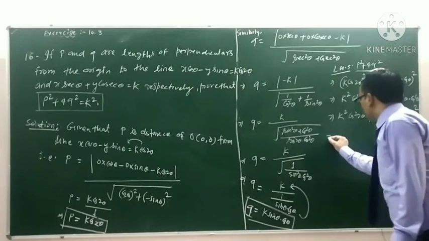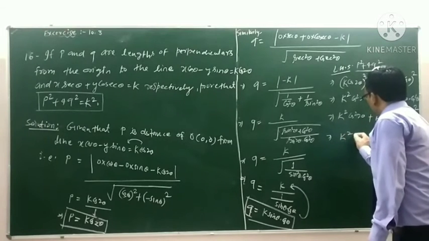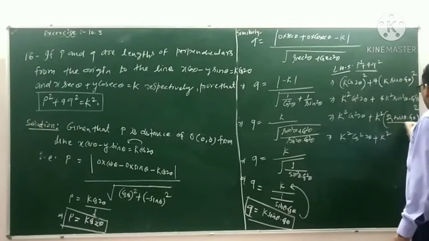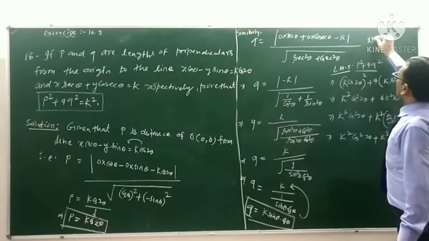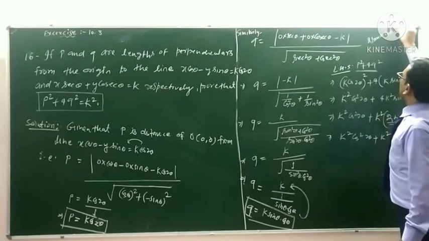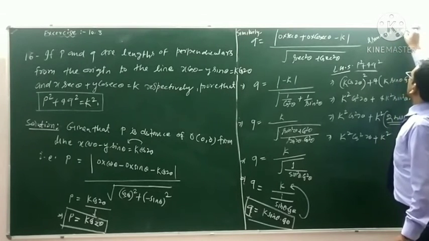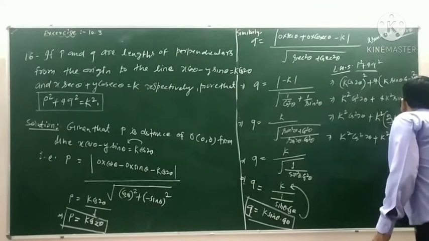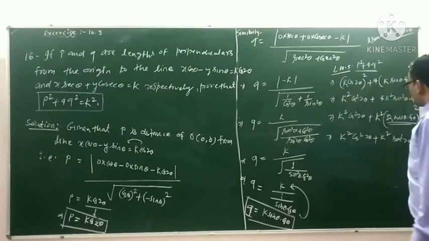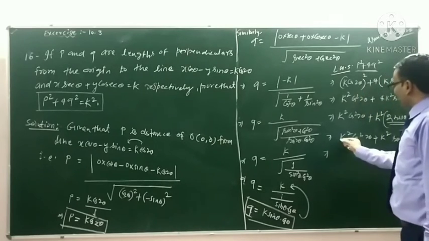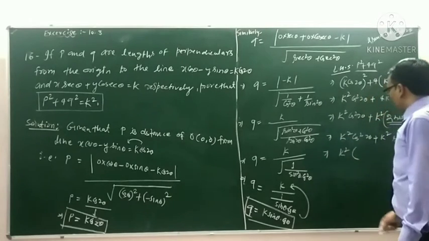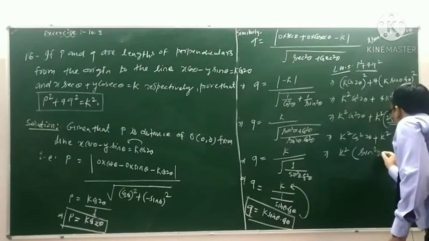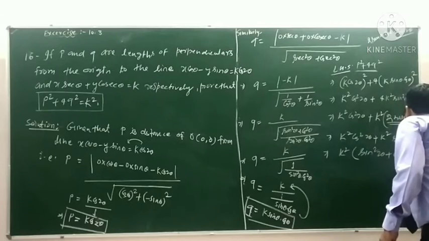Okay students, this implies that k square cos square 2 theta plus k square, we know that 2 sin theta into cos theta equal to sin 2 theta. Okay students, sin square 2 theta. Okay, this implies that we take the common k square, sin square 2 theta plus cos square 2 theta.